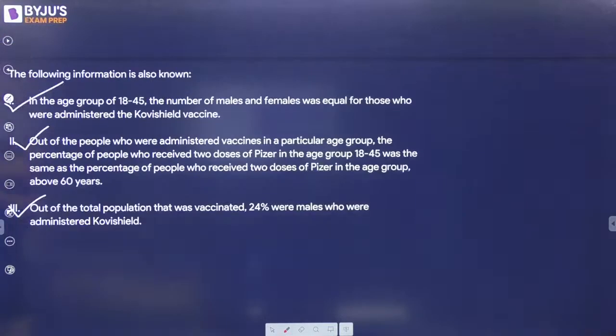Hold on, guys. Out of the total population that was vaccinated, 24% were males who were administered Covishield.